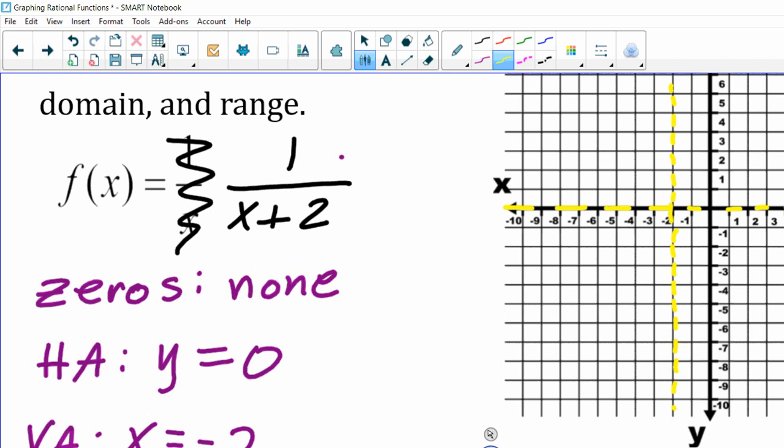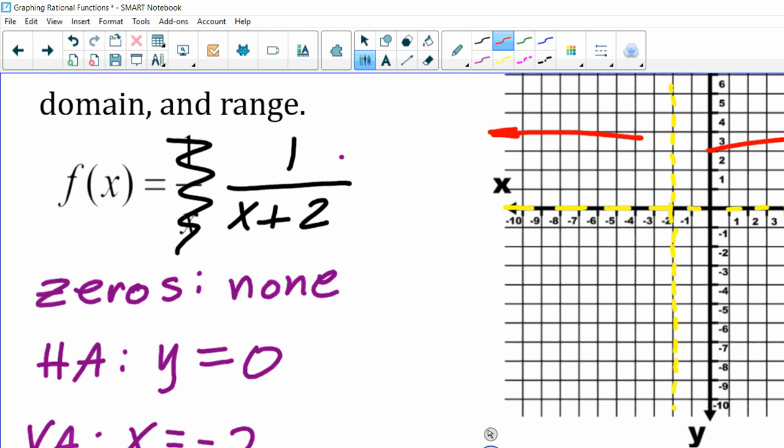Now, so the part that you had trouble with was the points, maybe? Trey said maybe the points. Okay. I want you to look. We have one vertical asymptote. So that one vertical asymptote divides the graph into two parts. The part on the left of the vertical asymptote and the part on the right of the vertical asymptote.